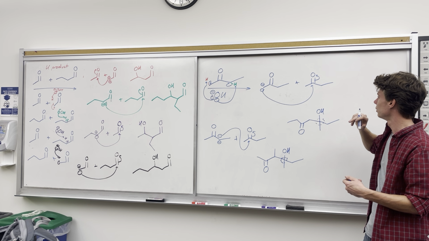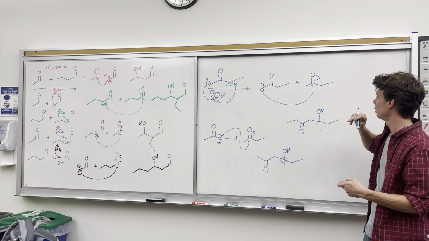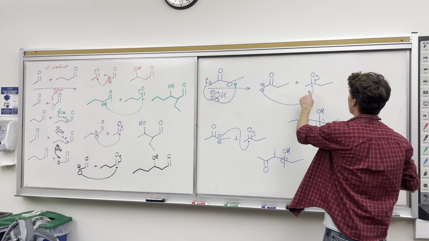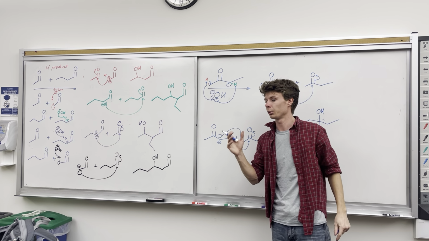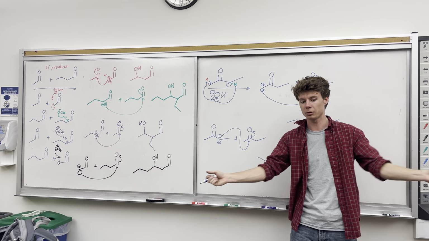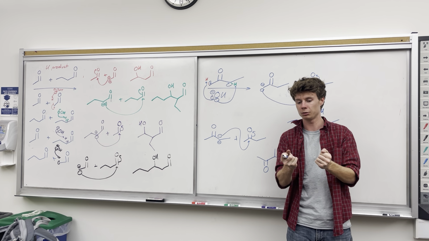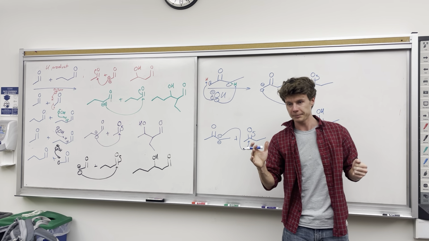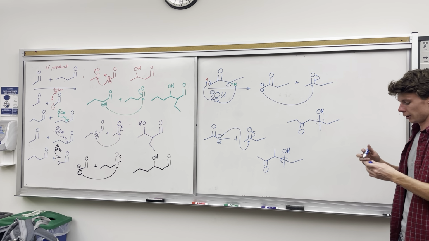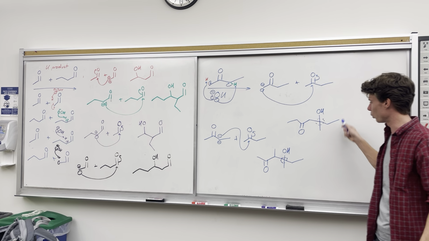And one more thing, from chapter 18, remember ketones are not as fast with nucleophilic addition because they have 2 alkyl groups contributing electronegative charge to an area that we want a partial positive, our carbonyl. All right? So a lot of reasons why we only really get 1% of this.